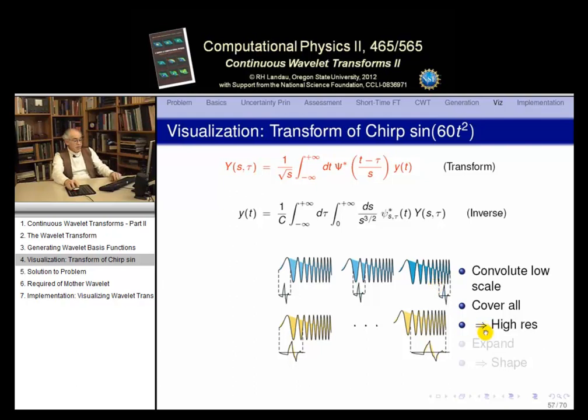That gives us all the high resolution information we want. But now we can expand the scale, in yellow here, and do the same thing, convolving it with the same signal. Down below, the signal doesn't change, but the wavelet is a stretched out one. Then we translate it along till we cover the whole signal, and we repeat the process.